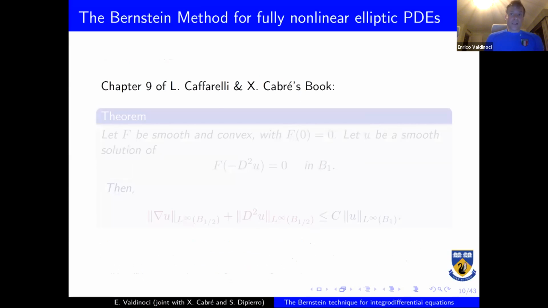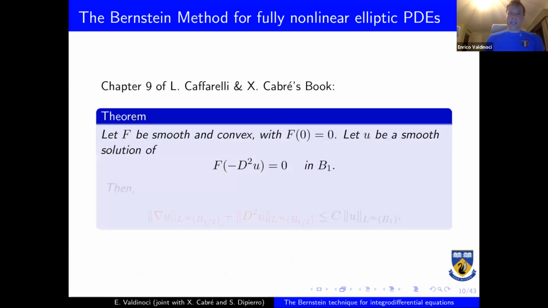The method is also flexible enough to deal with the fully nonlinear case. This is very well expressed in the Caffarelli-Cabré book. The typical example is the case of fully nonlinear equations driven by this nonlinear function f, which has somehow the right properties of convexity, which allow the appropriate linearization around the solution.